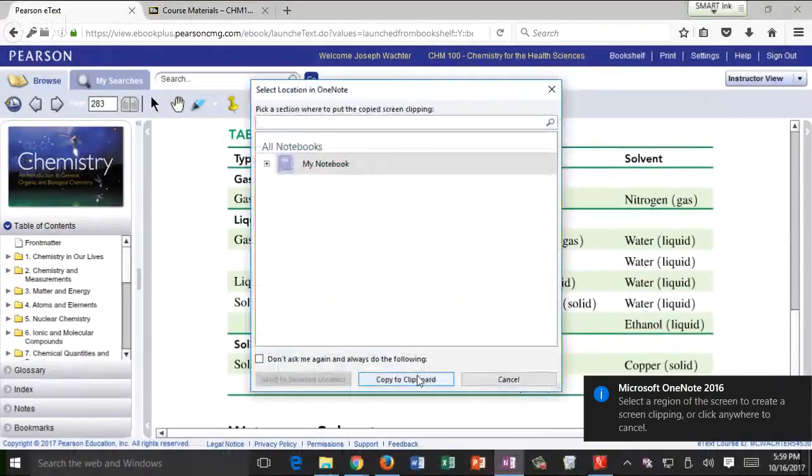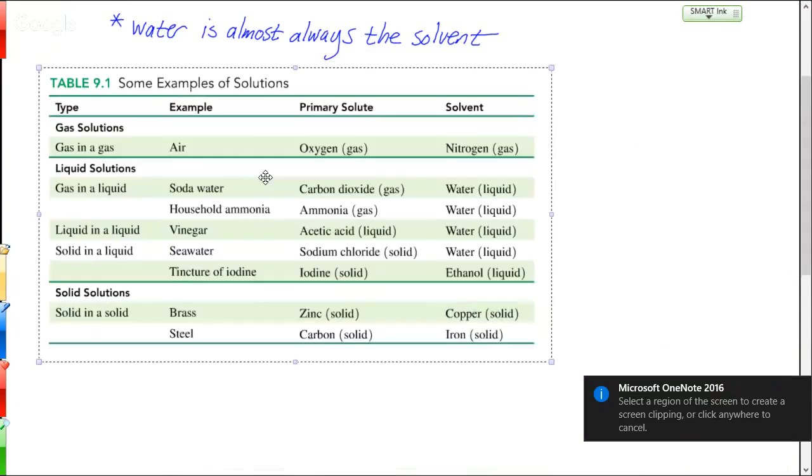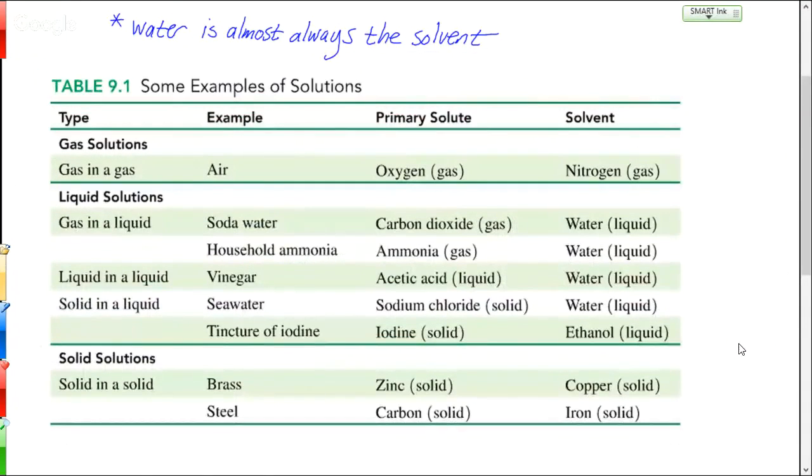We're going to look at some different examples of solutions of different types. So take a look at this table. First of all, it's split into three different types: gas solutions, liquid solutions, and solid solutions. So there's not just that standard one. The one that we're thinking of with the salt and water is right here. But that's only one of a whole bunch of different possible types of solutions.